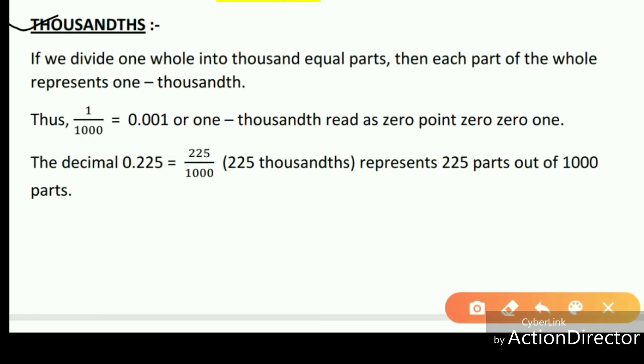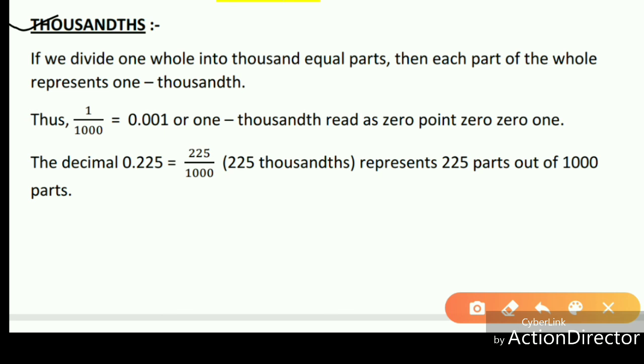Thousandths. If we divide one whole into 1000 equal parts, then each part of the whole represents one thousandth. Thus 1 upon 1000 is equal to 0.001 or one thousandth, read as zero point zero zero one.